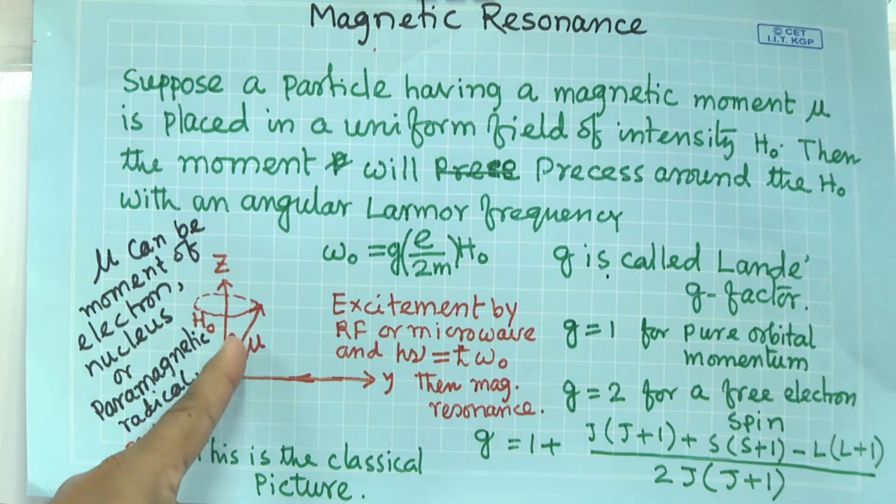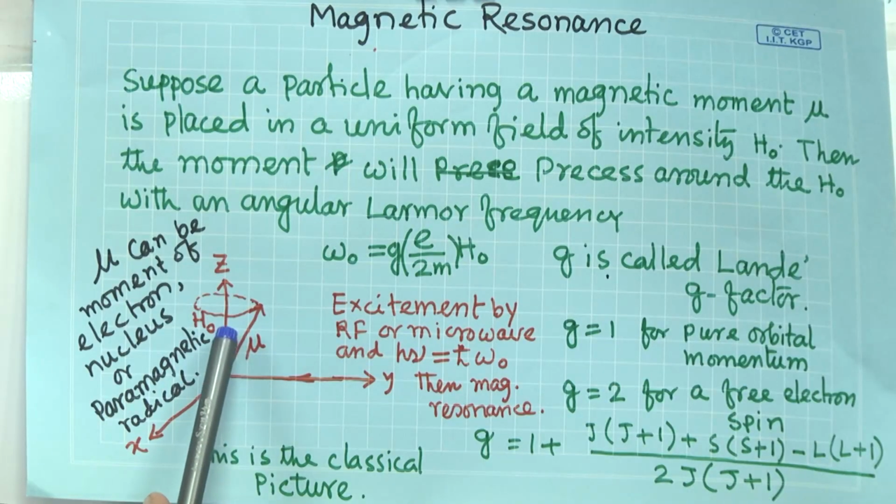Here, whatever change of angle classically, that is equivalent to the change of the splitting of the energy levels, or it is equivalent to the splitting of the energy level.